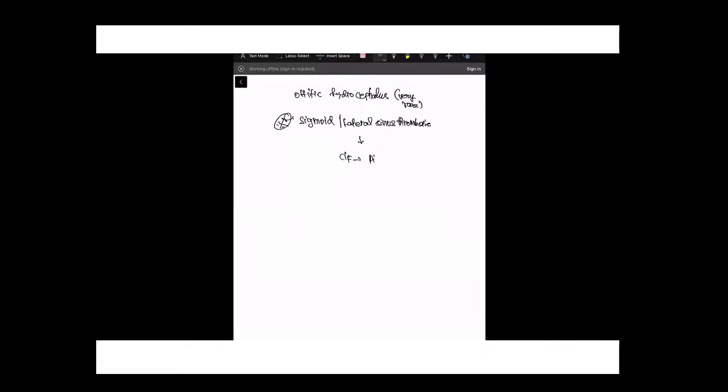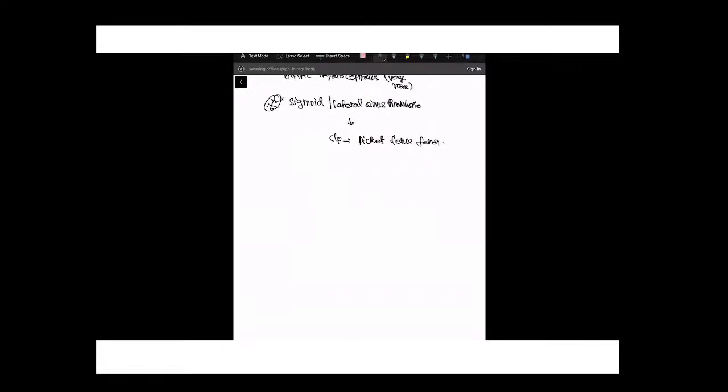Clinical feature, it is also called as picket fence fever or remittent fever, because the fever rises and then it goes down, but it never comes to normal. The temperature keeps fluctuating.